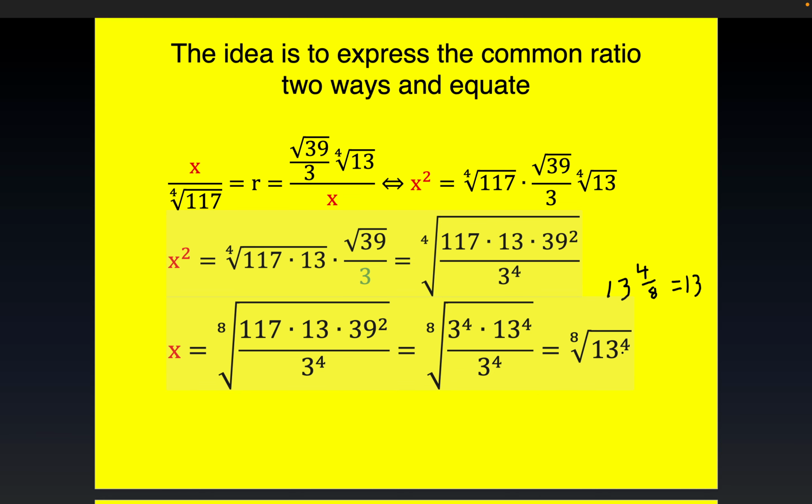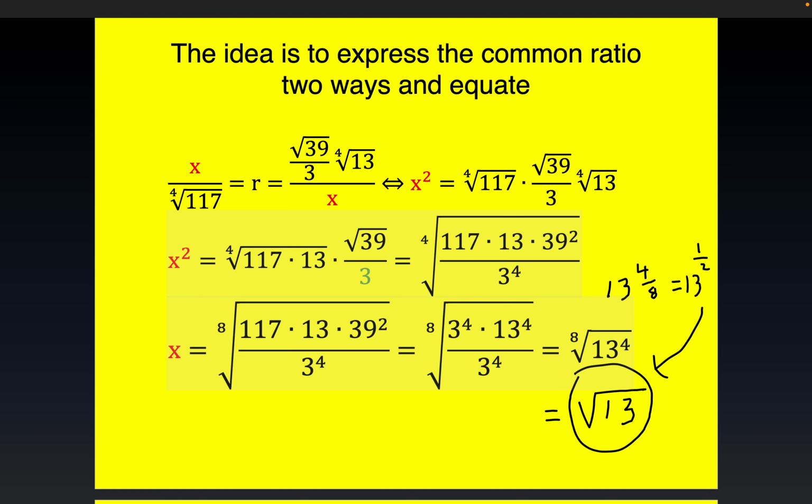I like to just look at this and say the answer is the square root of 13. To me it's a visual: this is what this means to me. But a lot of people who like rational exponents would prefer this, which of course is the same as that. So we have determined that x is equal to the square root of 13.